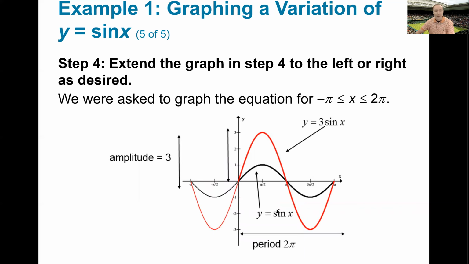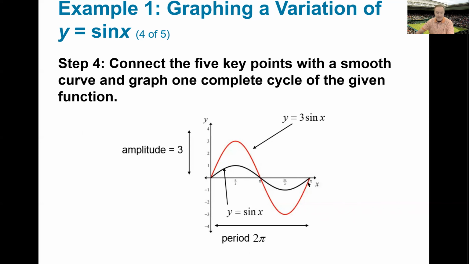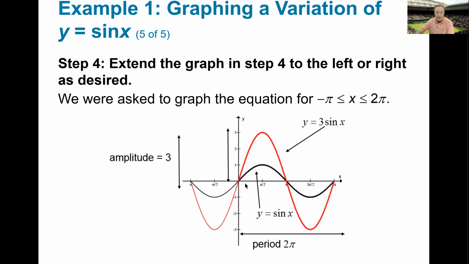Now, if I were to extend this, what if my problem said, well, I don't just want it from 0 to 2 pi. I want to know what the graph looks like from -pi to 2 pi. Okay, no big deal. If instead of going from 0 to 2 pi, I need to start at -pi, I just say, well, the sine function's cyclical, so I know that before this 0, since it's going up after it, it had to be starting off at a negative y value before it.